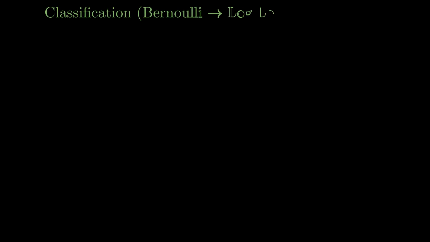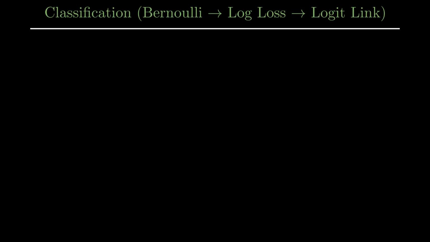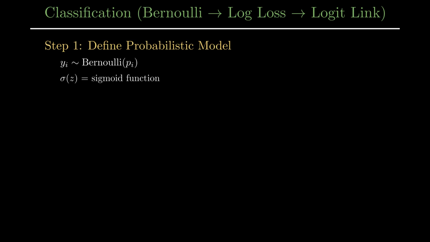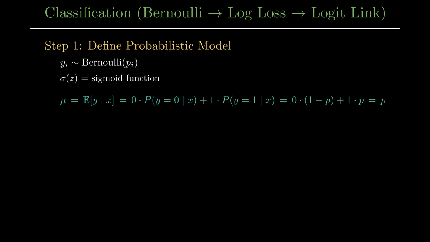Now let's find the loss and the link function for binary classification. The target in binary classification is assumed to follow a Bernoulli distribution. Here, instead of mu, we use p, which is the probability that y equals 1 given x, because in this case, they are equivalent.